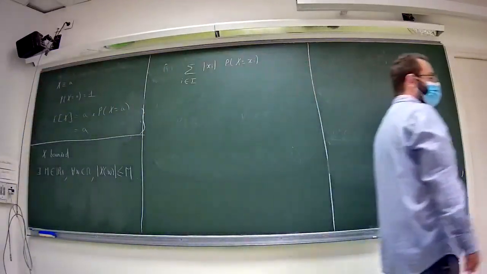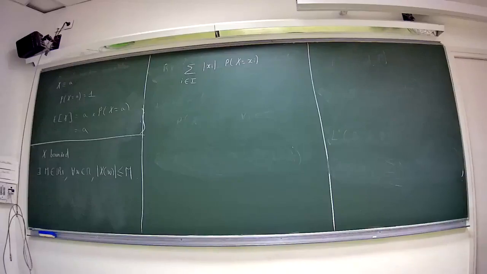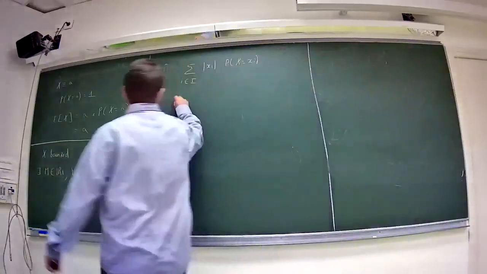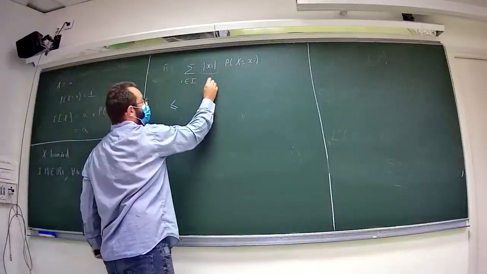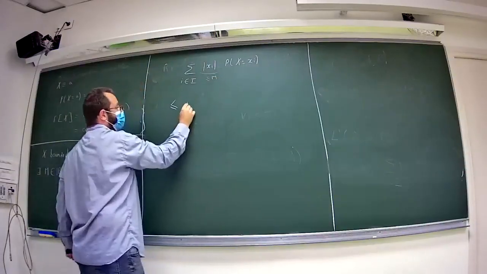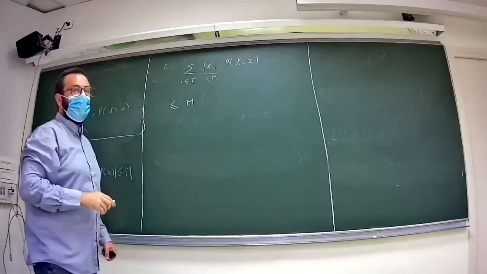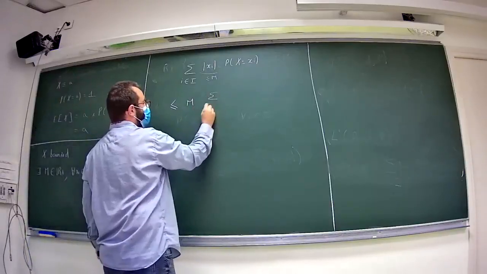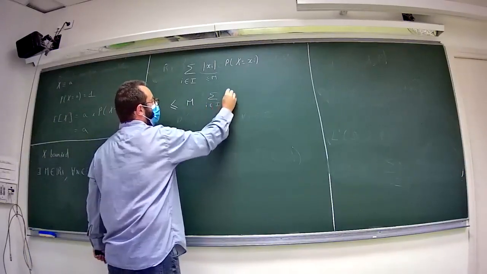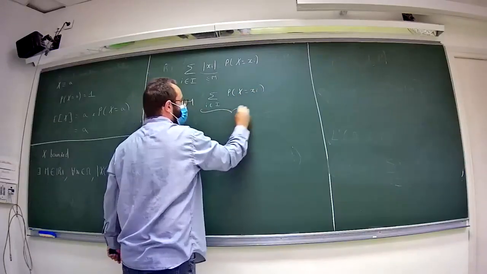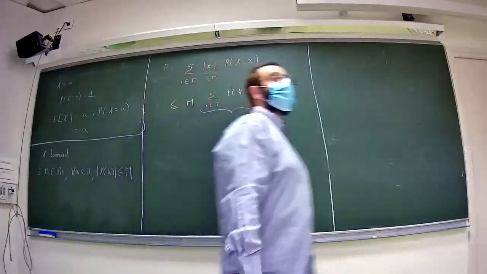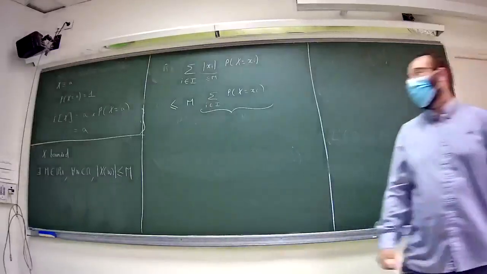So this sum is less than the sum of M, each term being less than M. So I can say that this sum is less than M multiplied by the sum from i equal to 1 to capital I of the probability that X is equal to xi. And what is this sum? I know it: 1.